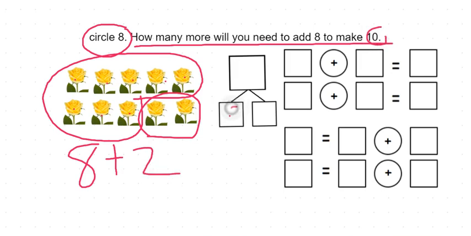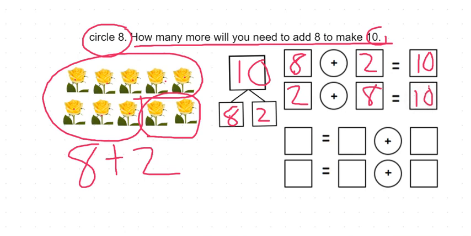So 8 and 2 makes 10, or 2 and 8 makes 10.